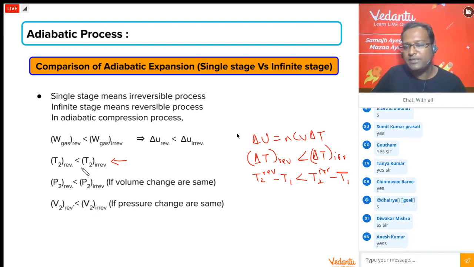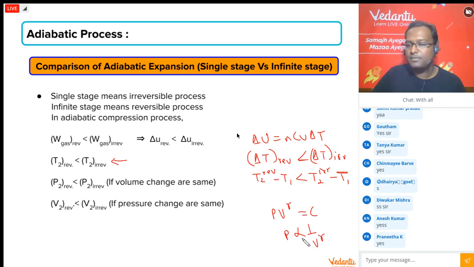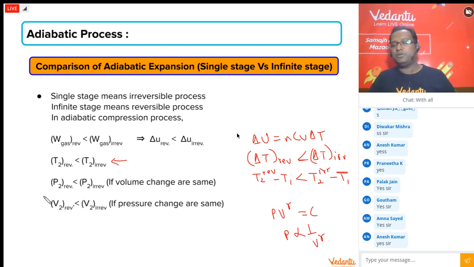How did temperature directly convert to pressure and volume? Even when I'm saying PV to the power gamma is a constant, pressure is inversely proportional to volume only, isn't it? So the same logic gets applied here: T at the end will be proportional to P, and T at the end will be proportional to V. Agreed that the proportionality will have some gamma term floating around.